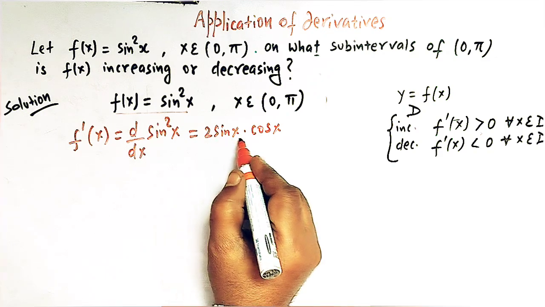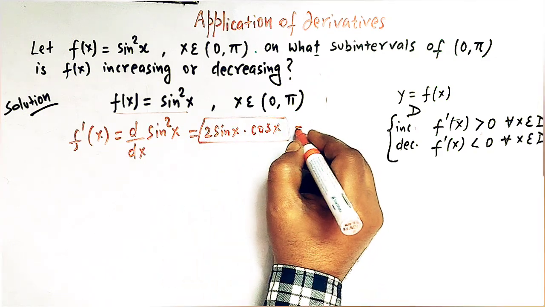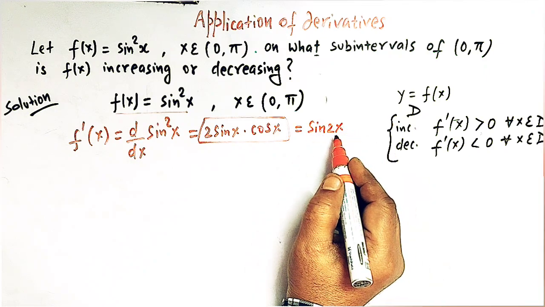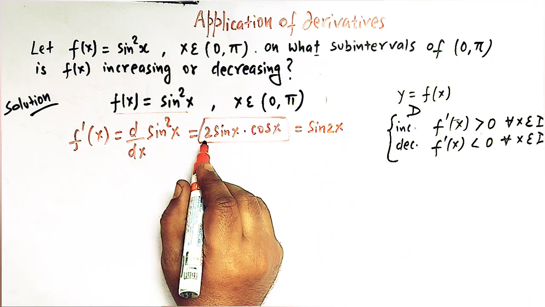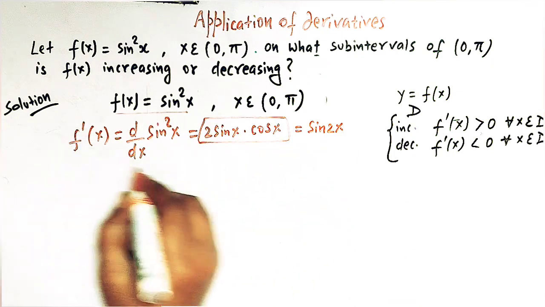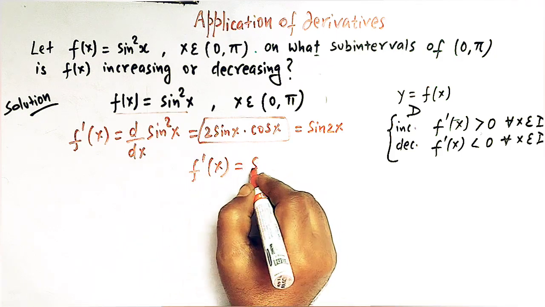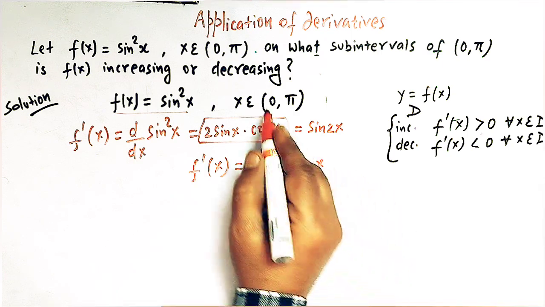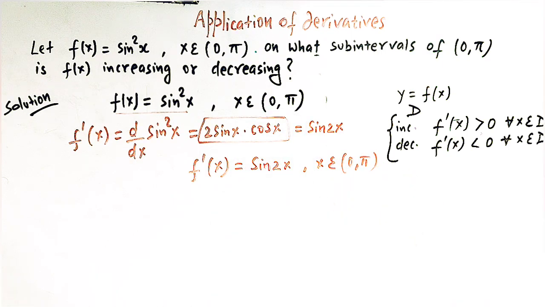So we have 2 sine x cos x, and 2 sine x cos x is simply sine 2x, that is the double angle formula for sine function, that is sine 2 theta is 2 sine theta cos theta. So the derivative, that is f prime of x, is equal to sine 2x, where x belongs to this interval, that is 0 to pi.